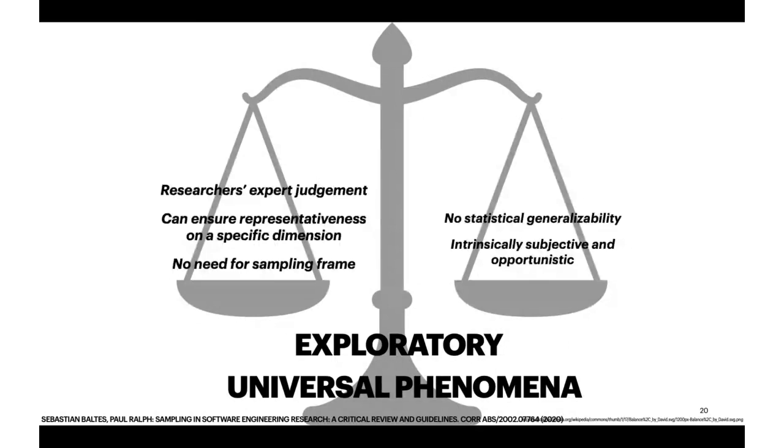Very often, things like expertise are hard to capture in an objective way. And while the advantage of purposive sampling is that the researcher can put themselves as an expert to claim what is going on, at the same time, the researcher cannot be completely objective in this sense.